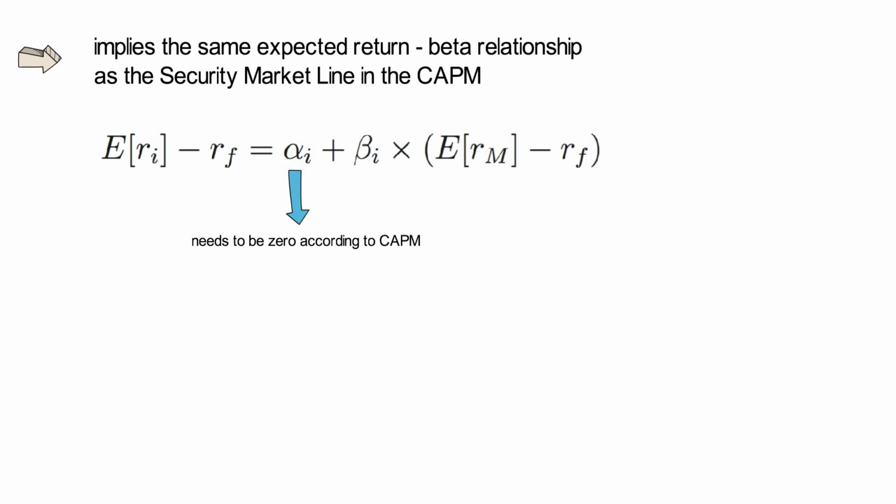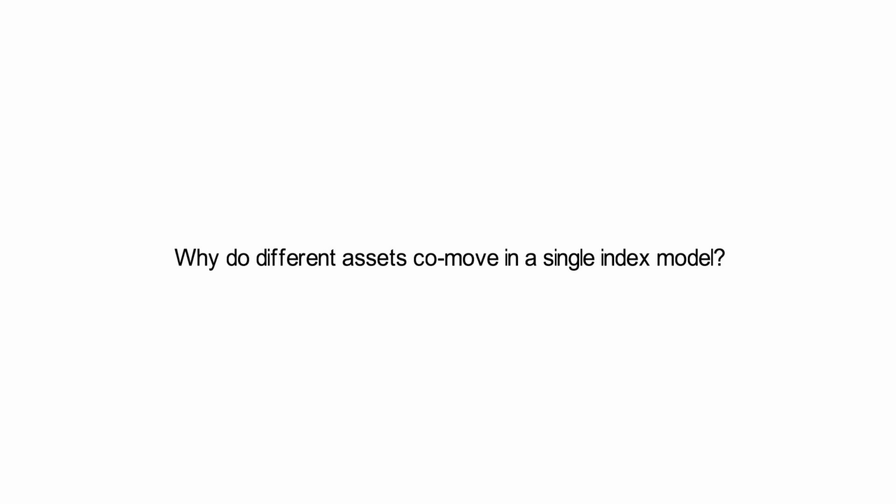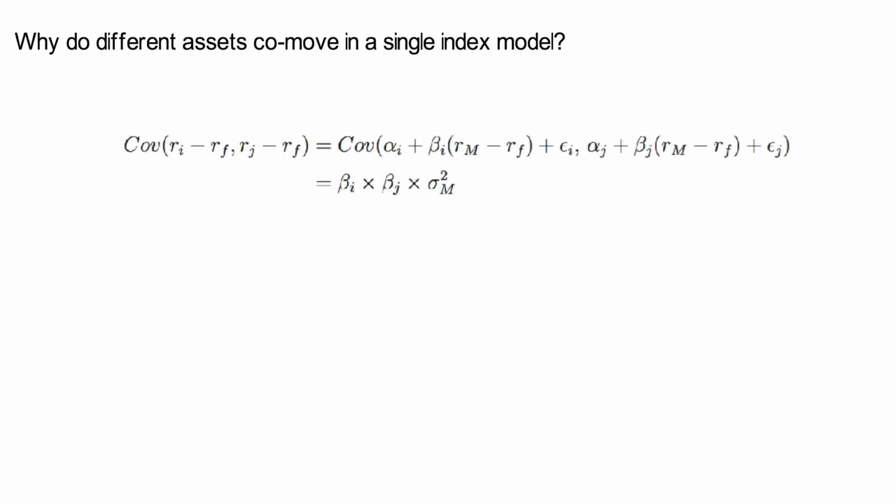Now let's have a closer look at why different assets co-move in a single index model. We do that through some simple equation-based manipulations. Let's work out what the covariance of excess return I with excess return J looks like. It's the covariance of, now you plug in the single index model for asset I and for asset J. That gives you the first equality sign.